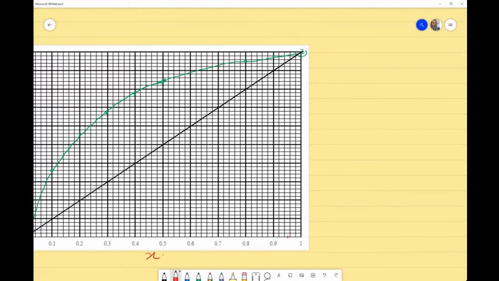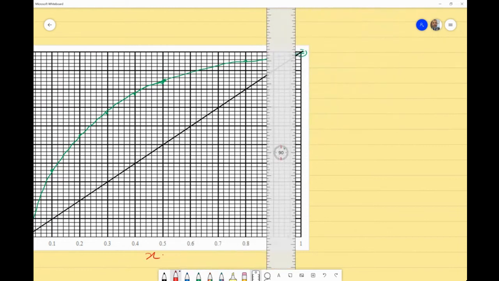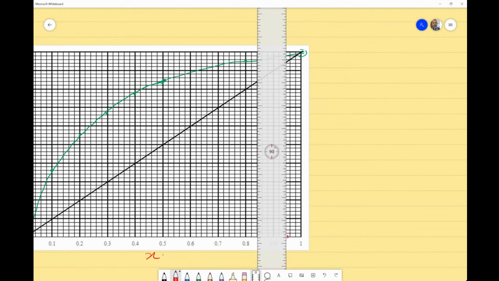So it's going to be here. This is my XD, and I have to use this one. So this is exactly where I should have the first line.